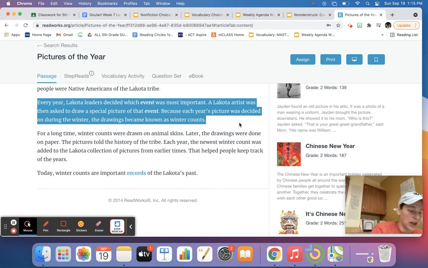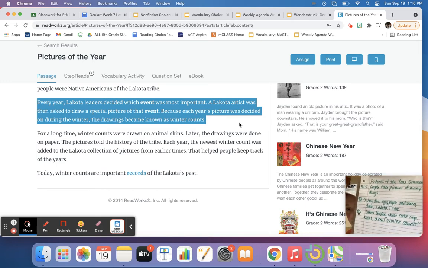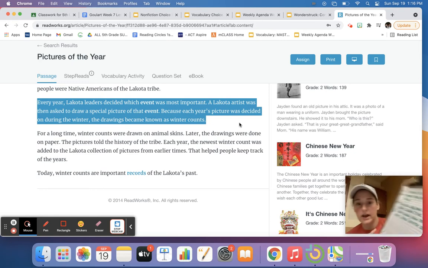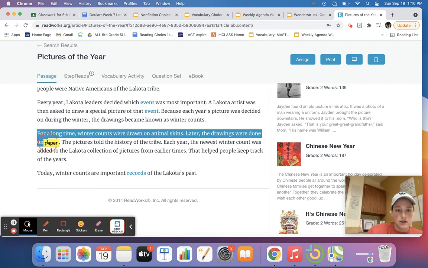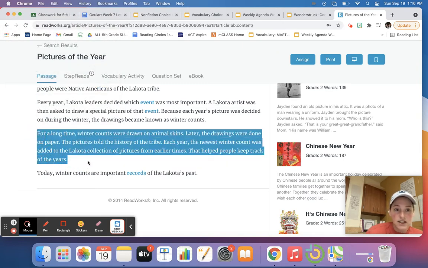And I'm going to put winter counts in quotes because that's a new thing that we just learned. Lakota leaders chose most important event, drew winter counts. That's interesting. 9 with the line 6 because it's a little longer too. Defines it for you if you need it to.